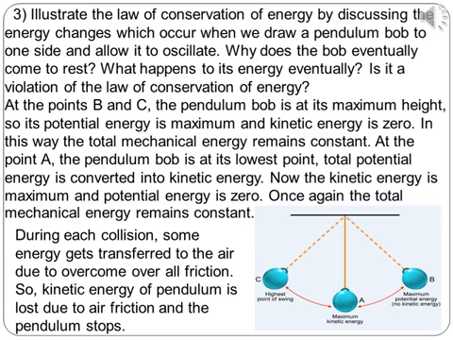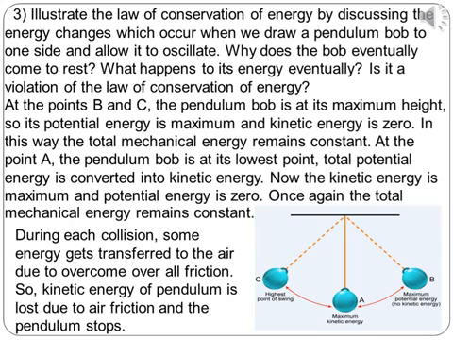So, the potential energy is equal to 0 and the kinetic energy is maximum because the bob has maximum velocity. Thus, the total potential energy has been converted into kinetic energy when it reaches the point A. Once again, the total mechanical energy remains constant.